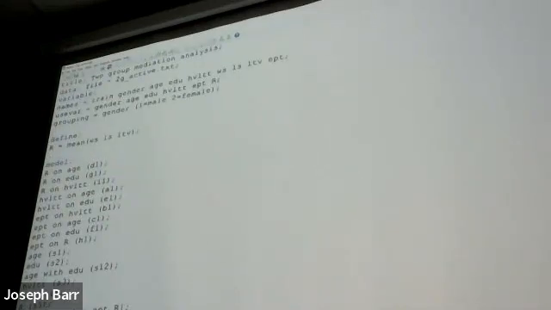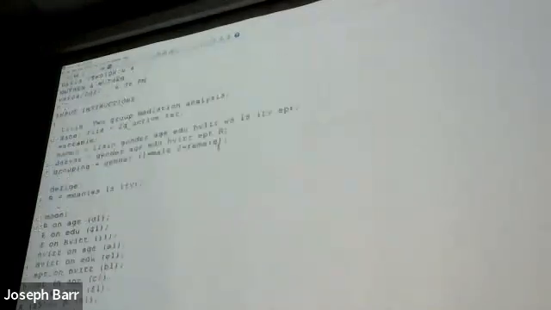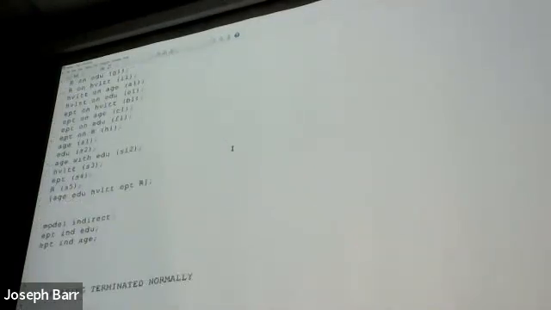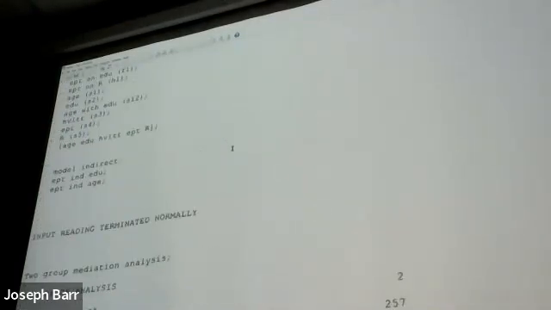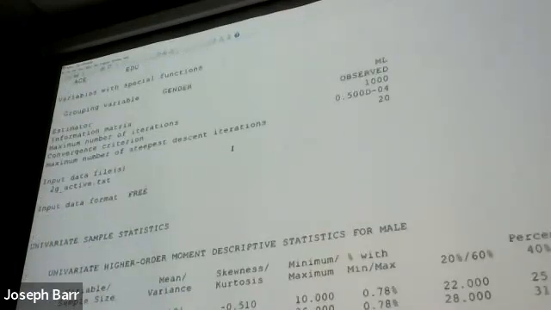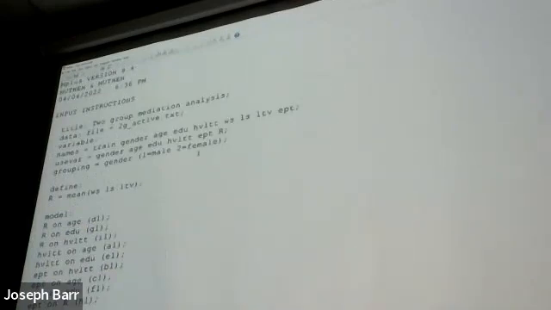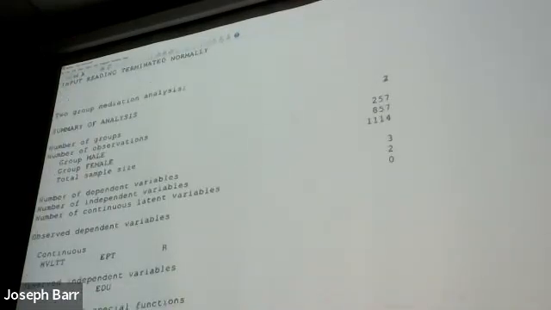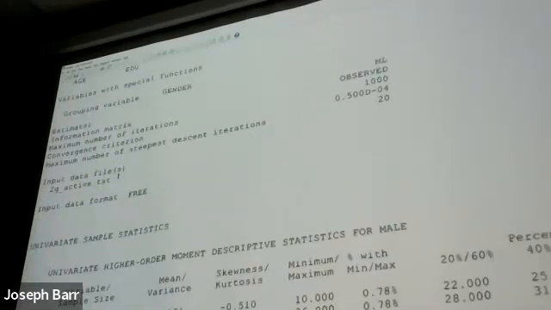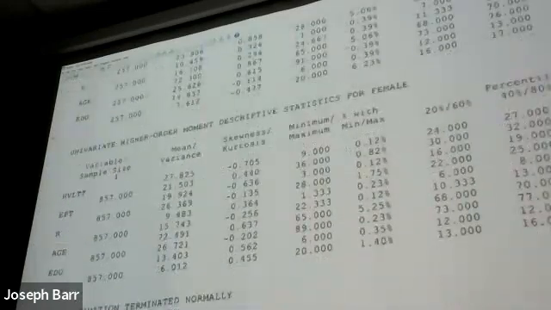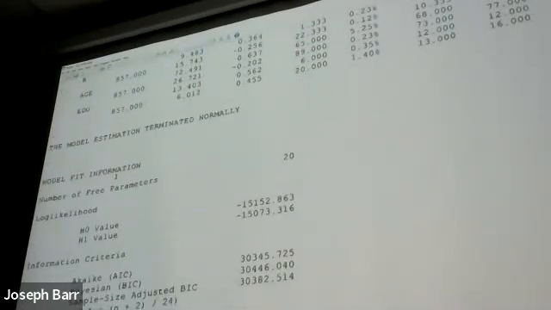So you can run this one and so still here we have gender, we have two groups. Number of groups is 2. And sample size for each group is reported here. And we have, yeah, basic part.